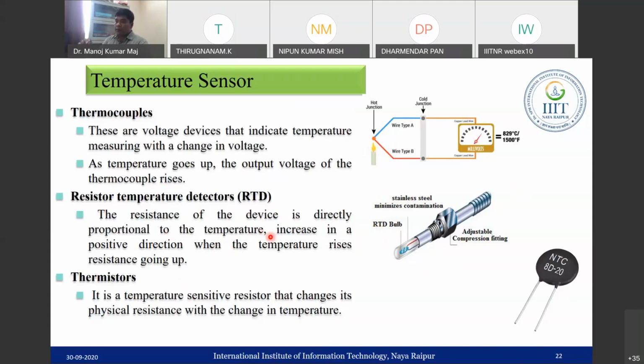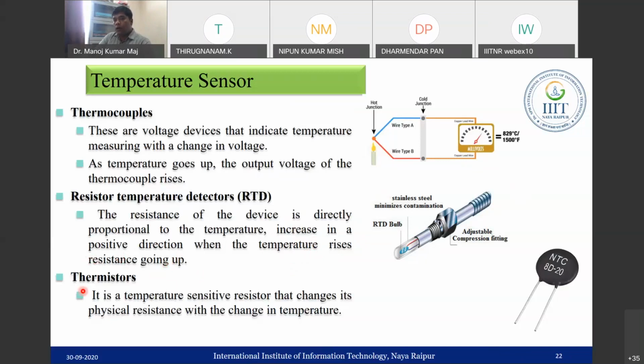It increases in a positive direction: when the temperature rises, the resistance goes up.